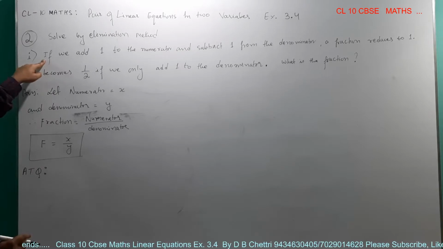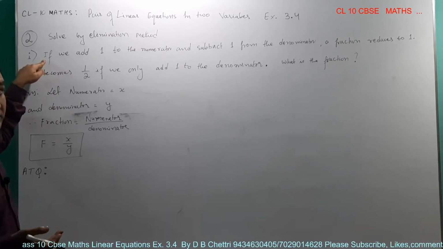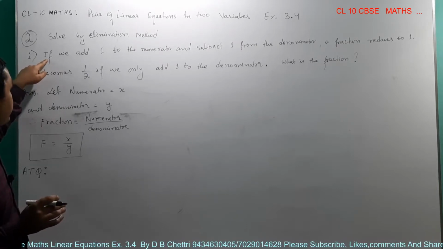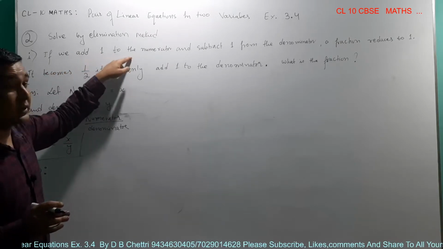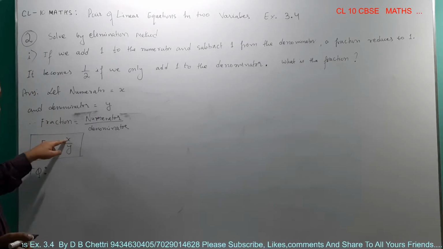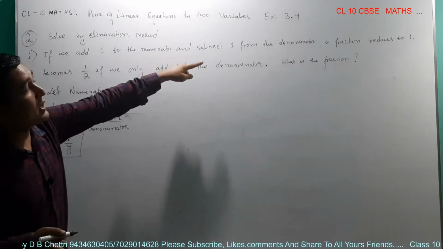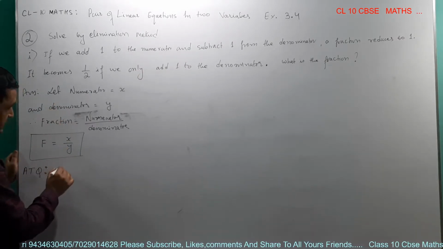Read the question three to four times till you understand the language, because language is very important. If we add 1 to the numerator and subtract 1 from the denominator, let's follow the question.